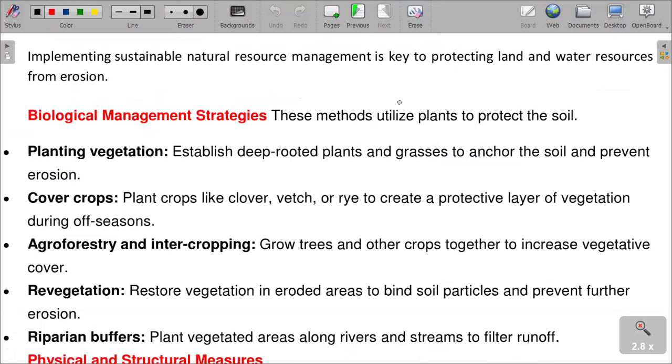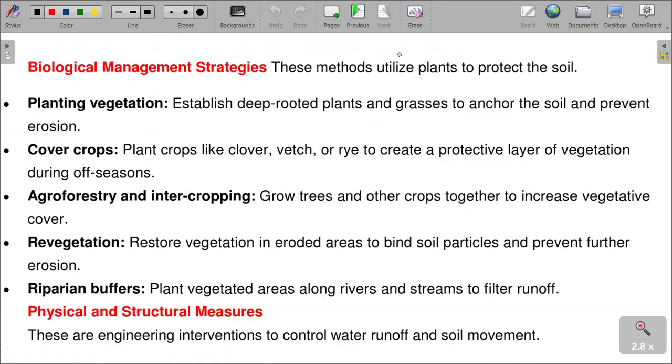We want to look into these biological management strategies in detail. These methods utilize plants to protect the soil. The biological methods actually depend on plants or vegetation for soil protection.